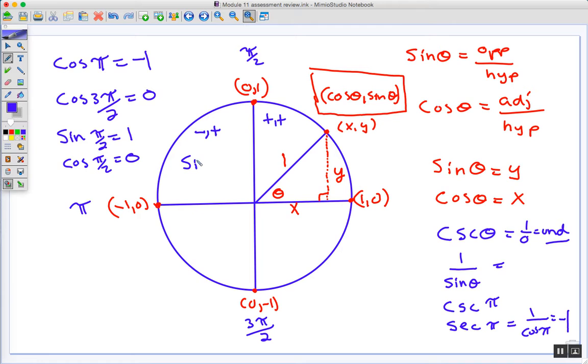So in this quadrant, sine is positive and cosecant is positive because cosecant is just 1 over sine. In this first quadrant, everything's positive, so all things are positive.